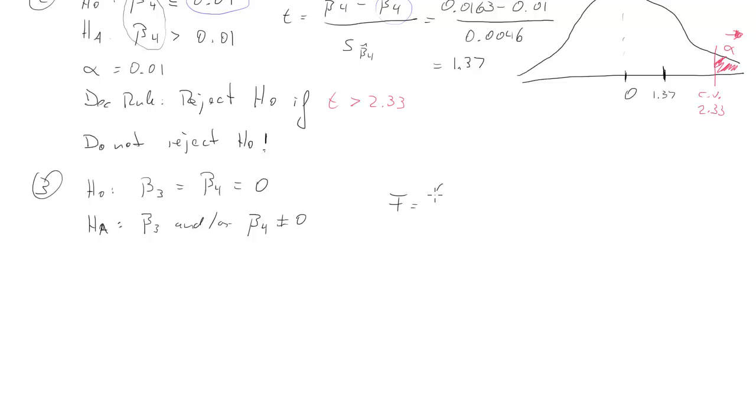It's an F-test, calculated as the residual sum of squares of the restricted model minus the residual sum of squares of the unrestricted model, divided by the number of restrictions, divided by the residual sum of squares of the unrestricted model divided by the degrees of freedom of the unrestricted model. In our case, the degrees of freedom is n minus k, and k was 4.